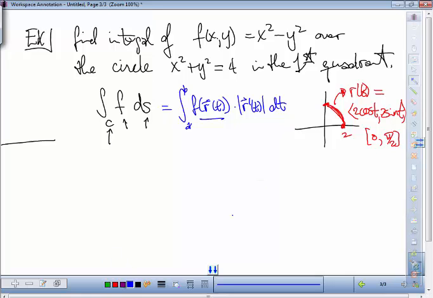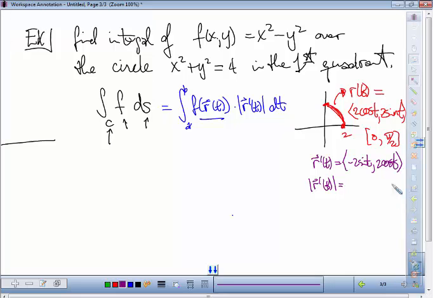All right, so let's do the pieces. We need r prime. What's r prime here? So minus 2 sine t, positive 2 cosine t, and we need to finally take the magnitude of that. Squared, under square root, take it out, blah, blah, blah.